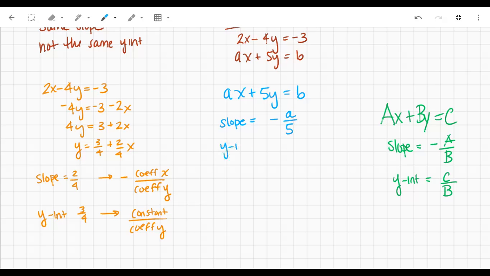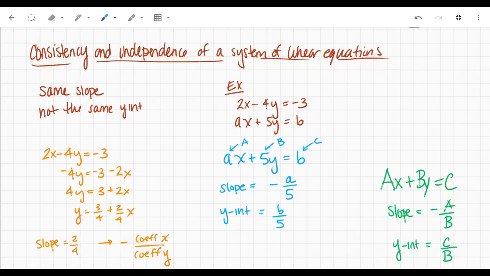And our y-intercept is going to be c over b, so b over 5. I know it's confusing because we have lowercase a's and b's, but in this one, a is a, 5 is b, and b is c.